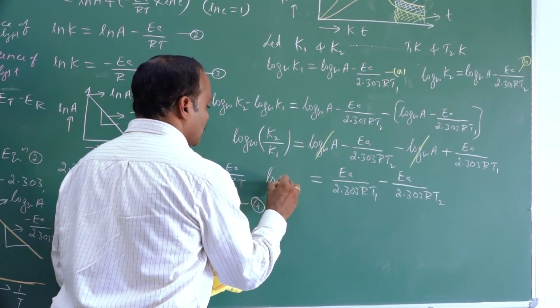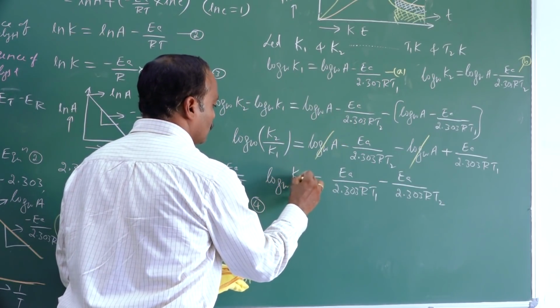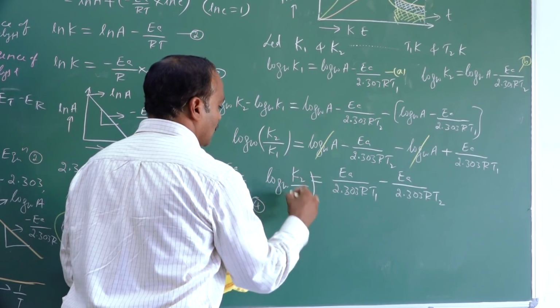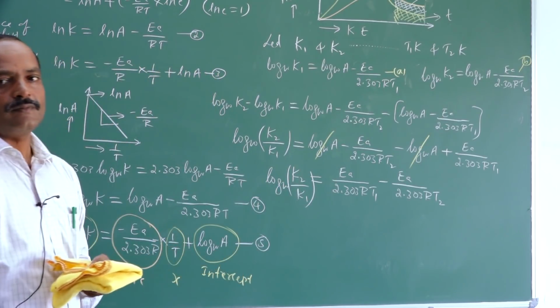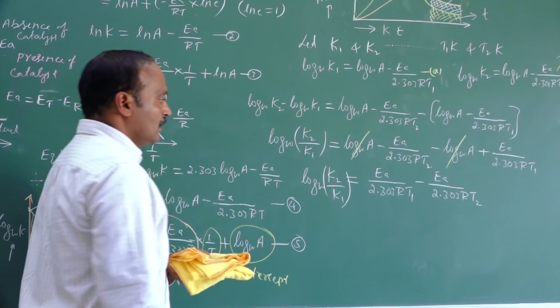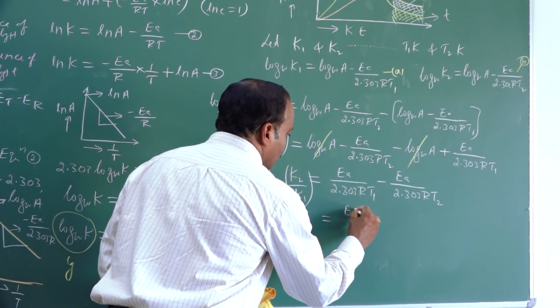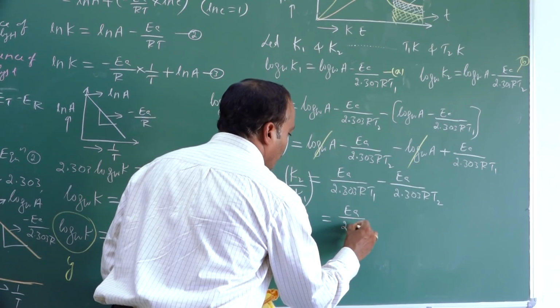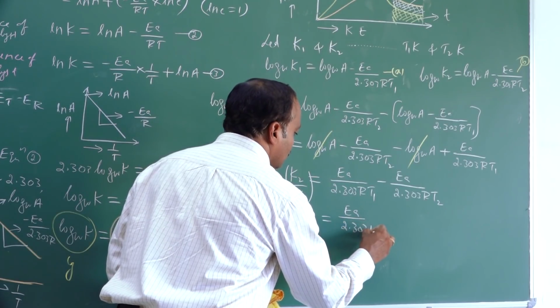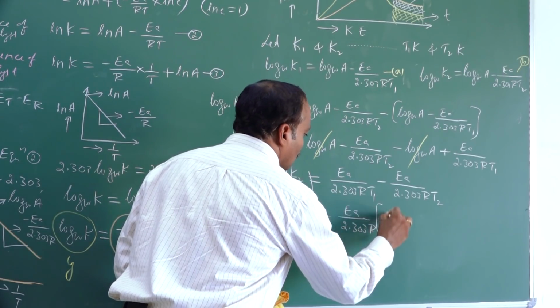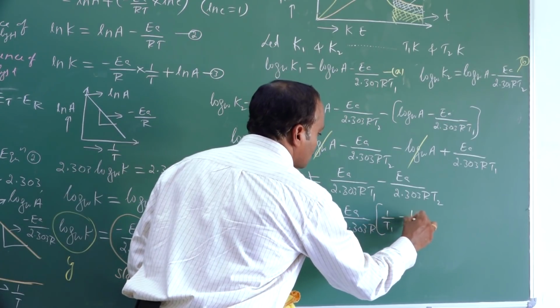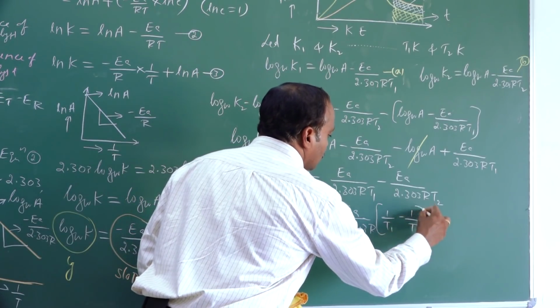Here, log base 10 K2 divided by K1 is equal to Ea divided by 2.303 R into 1 divided by T1 minus 1 divided by T2.